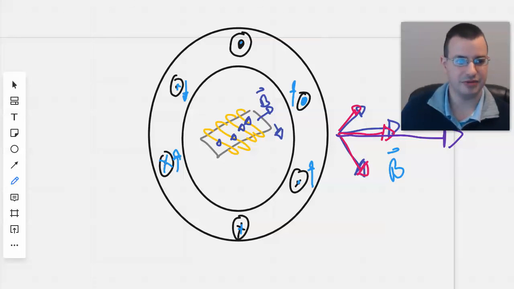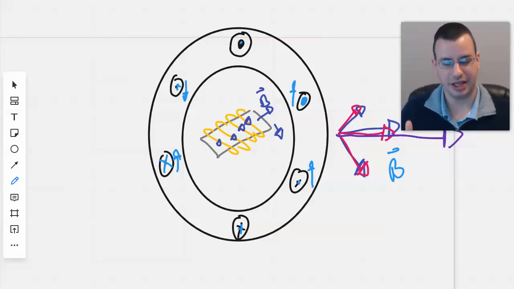The main advantage of AC is you can have generally smaller generators and motors, and the power comes from rotating machinery. DC comes from batteries.